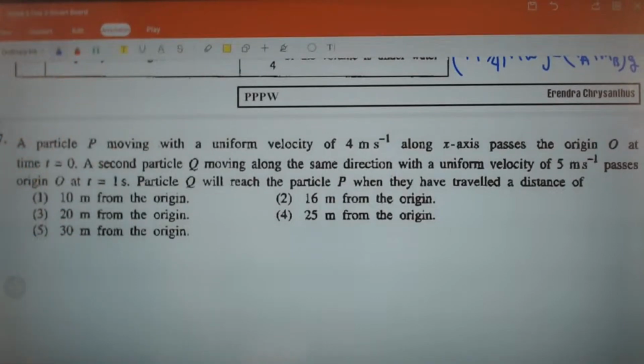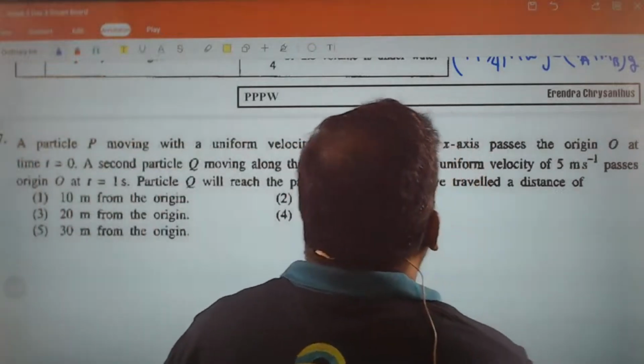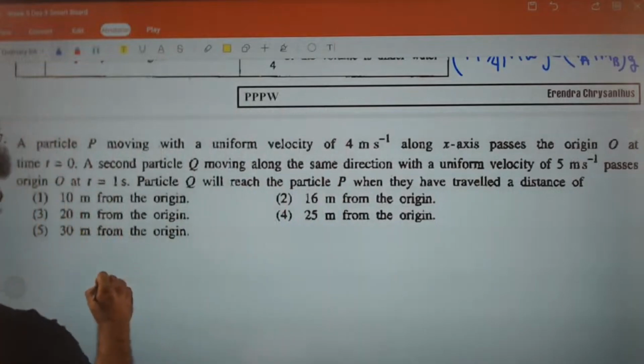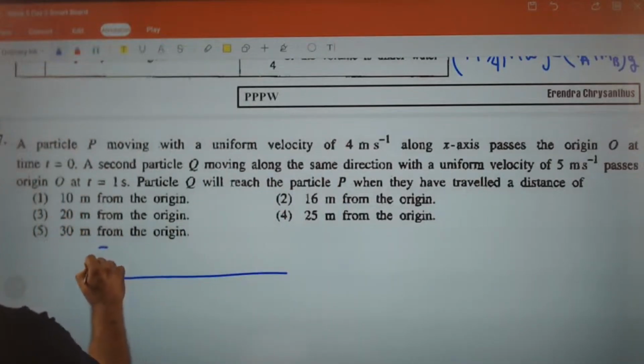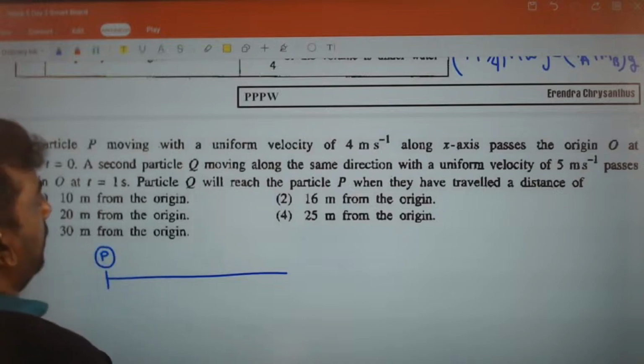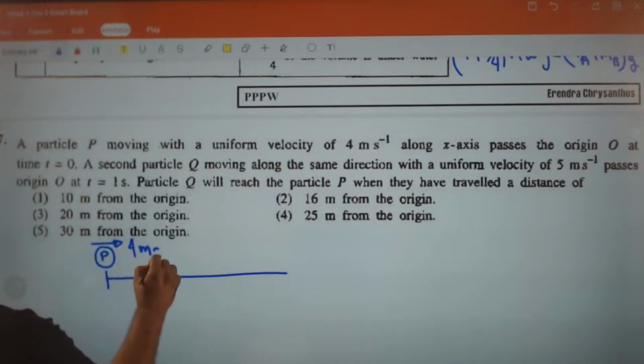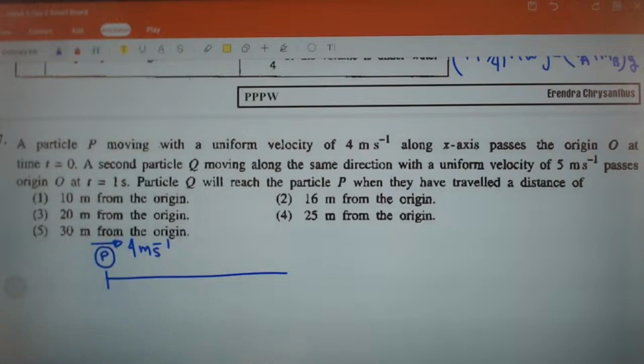A particle P moving with a uniform velocity 4 along the x-axis passes the origin at time t equals naught.